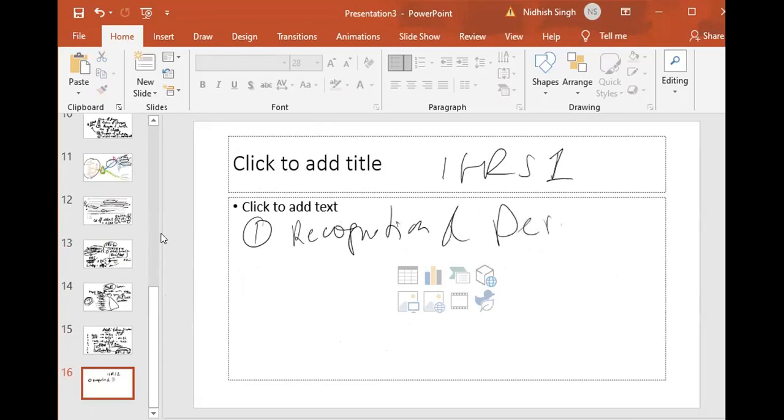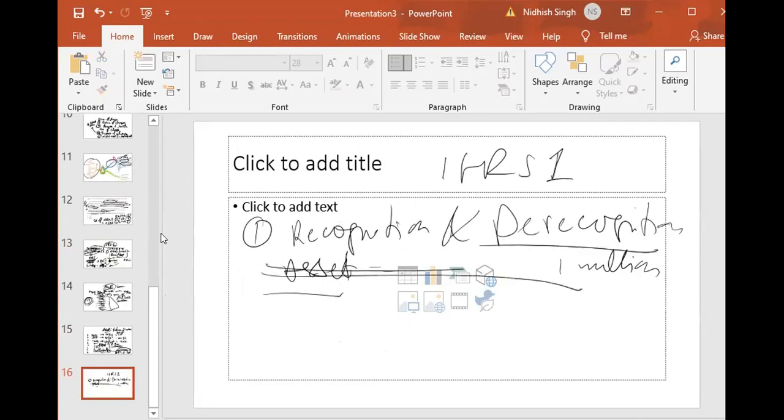and derecognition. Derecognition is when you have an asset of, say, $1 million, and as per the accounting standard or IFRS framework, you have decided to remove that asset from your balance sheet. That is called derecognition. And IFRS has loads of strict criteria where you cannot easily recognize an asset as well.